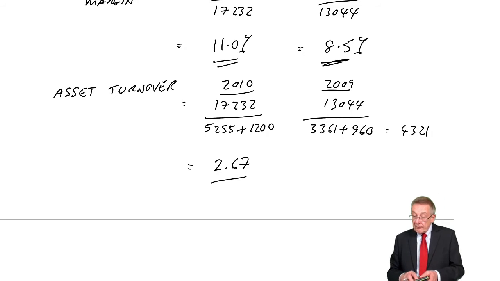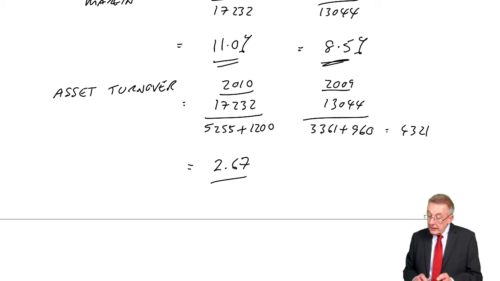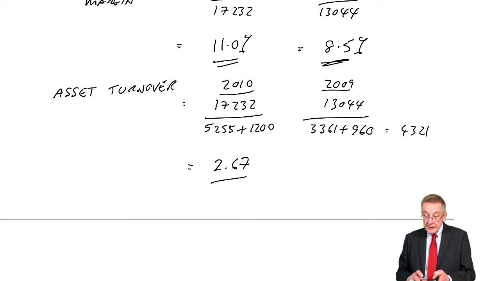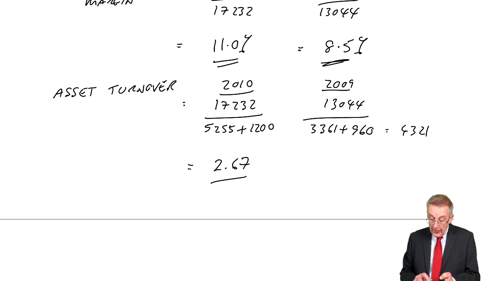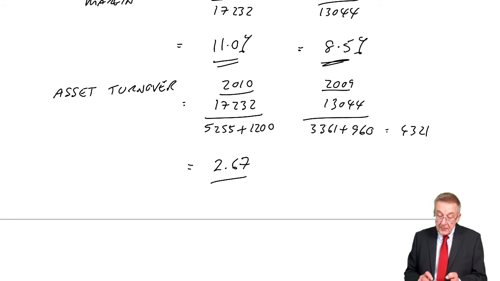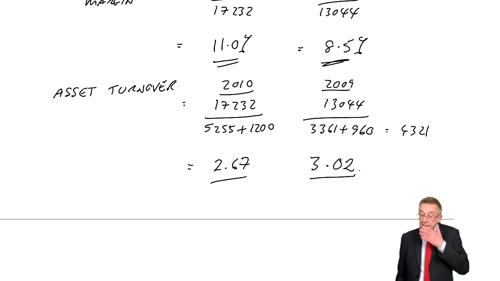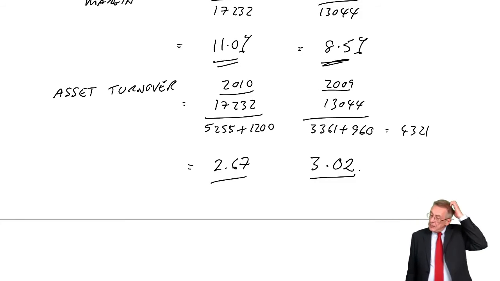Anyway, let's divide 13,044 sales divided by 4321. Gives me 3.02. So here that's gone down a bit, which isn't as good, obviously.